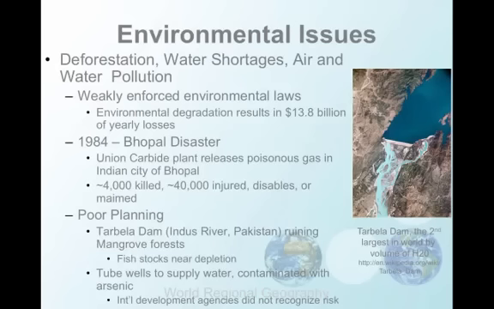So what happens is international development agencies did not recognize the risk of drilling tube wells that were not deep enough, and so you have millions of people that have been poisoned by arsenic, and this has very immediate effects, but then also effects on health that will go on for many generations. And this has been particularly bad in Bangladesh.